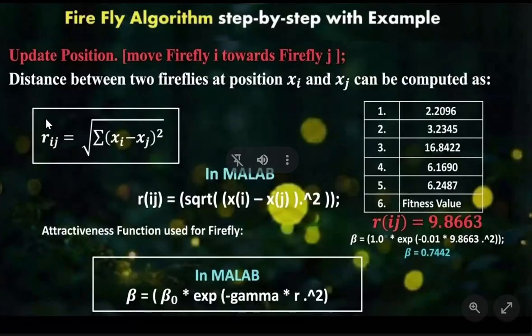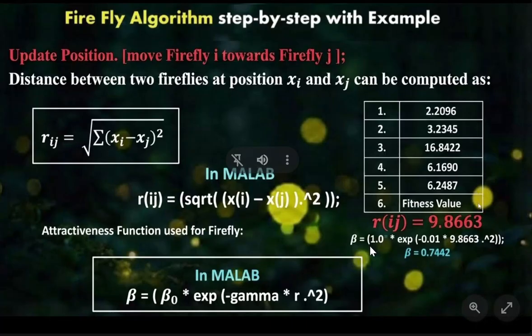The next step is to calculate the position. The distance is given by r of ij, which is the square root of the summation of (xi minus xj) whole square. In a MATLAB context, it is shown as the following code below. We compute the distance between two fireflies at positions i and j, and form it in the table over here. We also calculate attractiveness, beta.